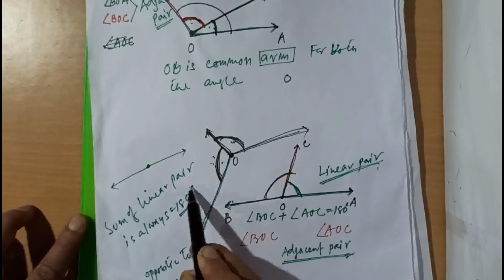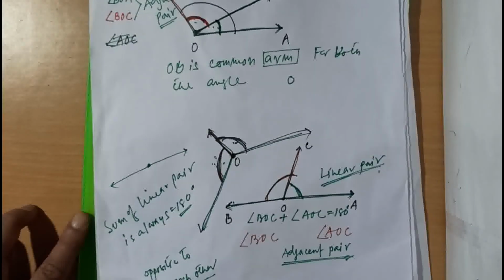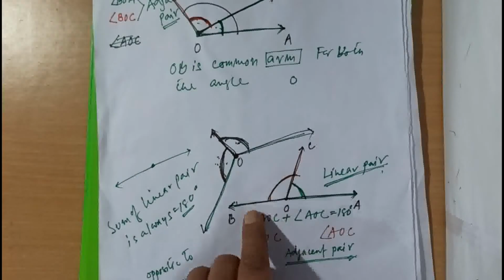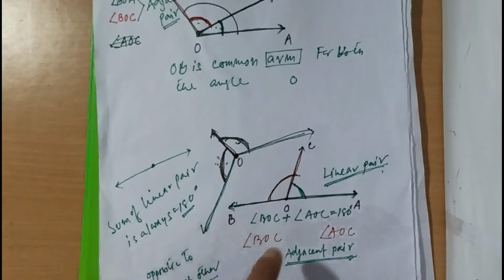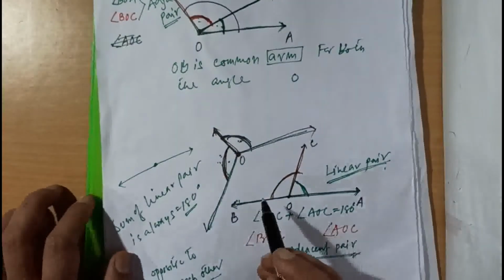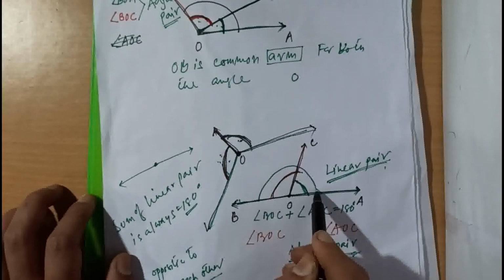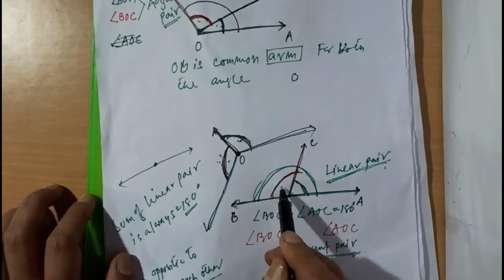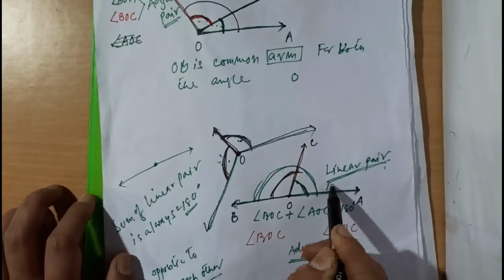I am not talking about an adjacent pair. The sum of an adjacent pair is not 180 degrees. When the adjacent pair becomes a linear pair, then you can understand from the figure also that the total angle is 180 degrees. So this plus this will give you 180.